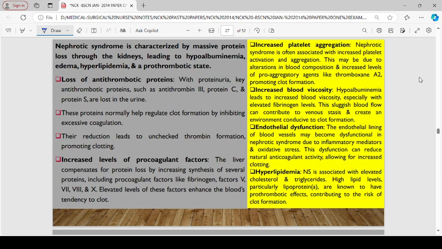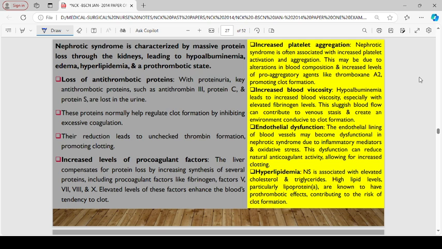Hypoalbuminemia also leads to increased blood viscosity, especially with increased fibrinogen levels. This sluggish blood flow can contribute to venous stasis and create an environment conducive to clot formation. The endothelial lining of blood vessels may become dysfunctional in nephrotic syndrome due to inflammatory mediators and oxidative stress.